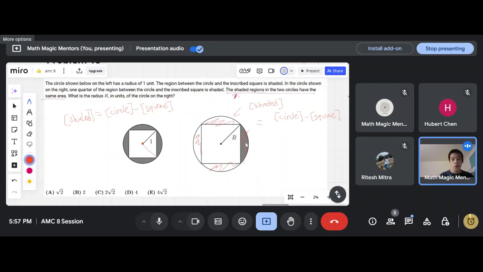So what's the area of the shaded region? You just divide that by 4, because each of these 4 pieces is the same by symmetry. So we can develop the formula: (circle minus square) over 4.